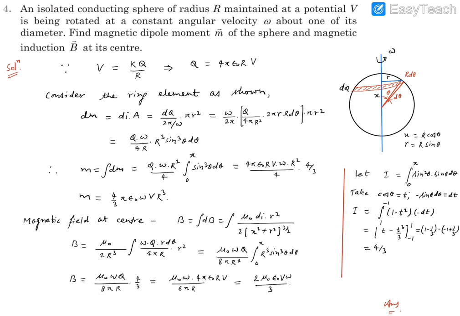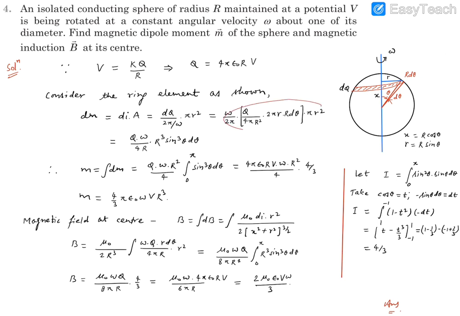Now this dq can be written as total charge divided by surface area into the area of that element. So the area of this ring element is going to be 2 pi small r into R d theta. So that is dq into pi r square, and this is going to be omega by 2 pi.